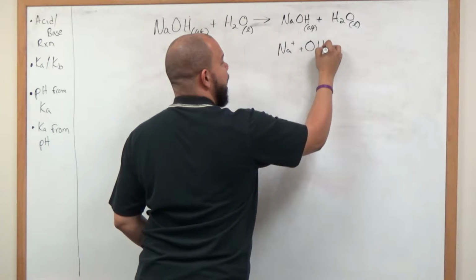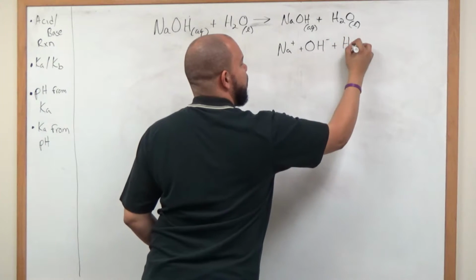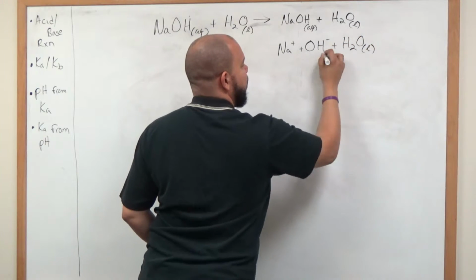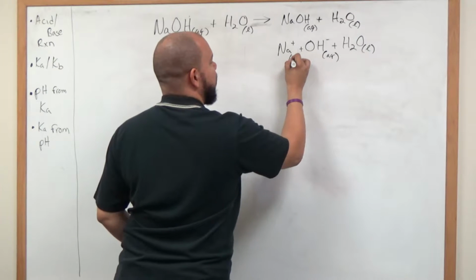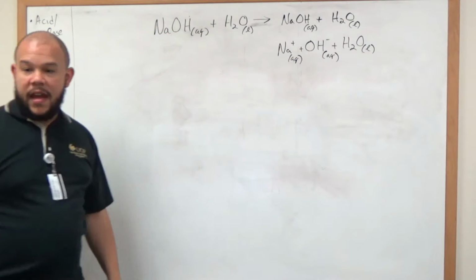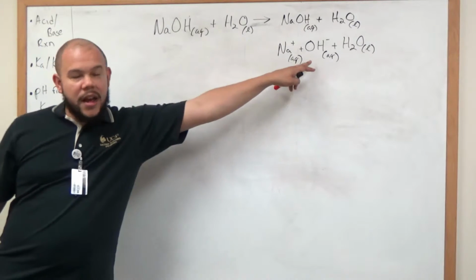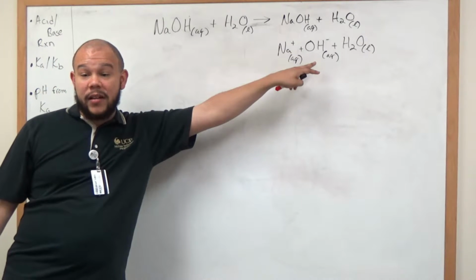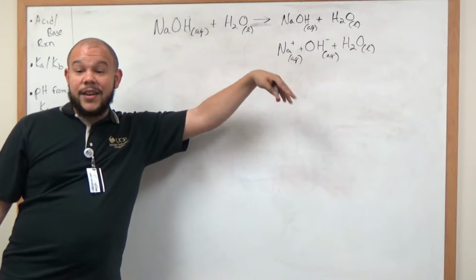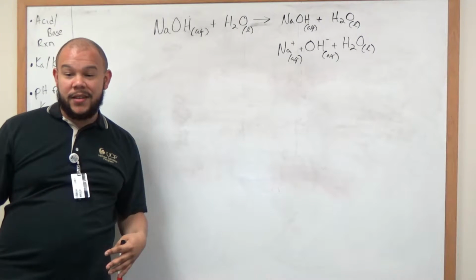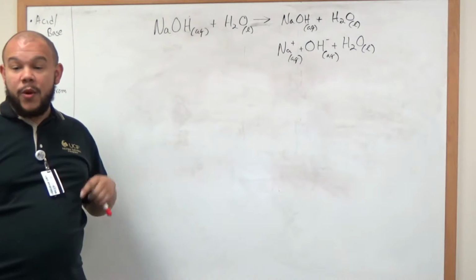So we know we actually are getting this as our product. We're actually getting hydroxide. And the formation of hydroxide, in this case, is going to give us exactly what we were looking for.